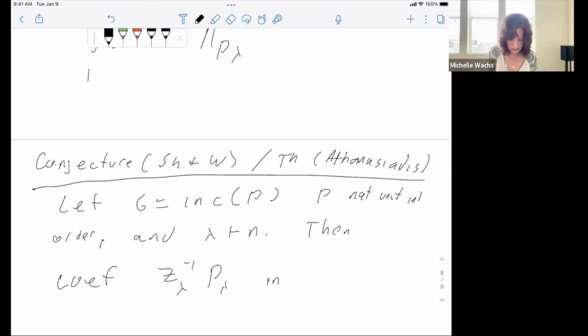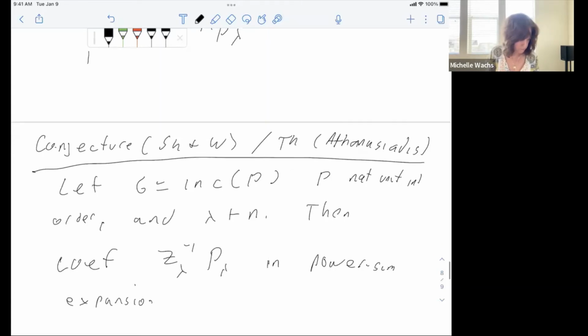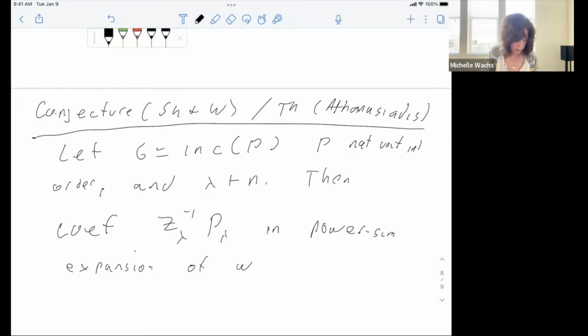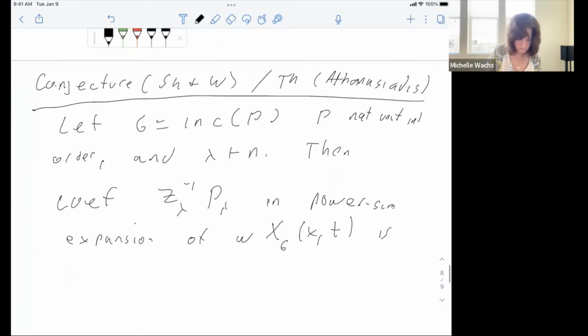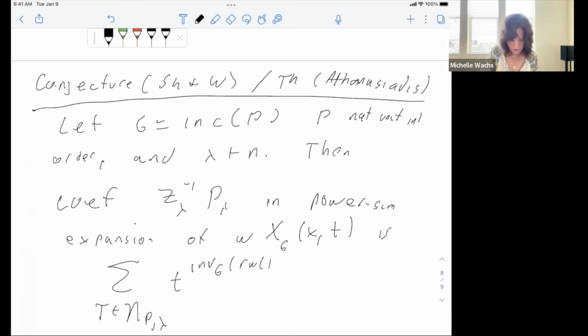in the power sum expansion of omega X G t is, now t is in the set of tableau of shape lambda, t in G, and then just take the row word of t.